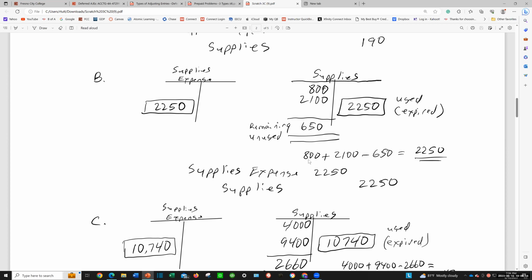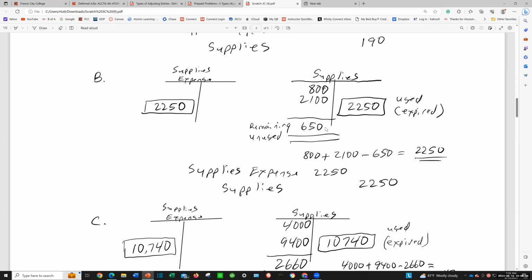And here it is, there's the calculation. 800 plus 2,100 minus 650 equals 2,250. Now, you can test that if you don't believe me. What I do is once I do this, I test myself to make sure I'm right. I would go 800 plus 2,100 minus 2,250.